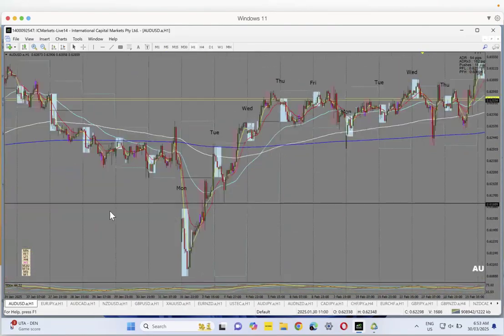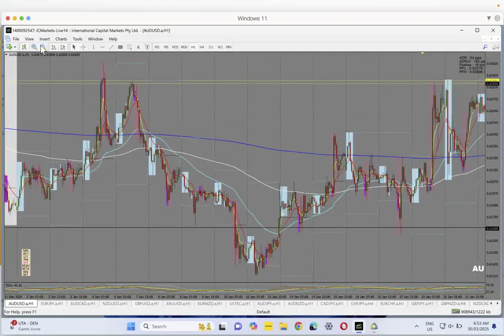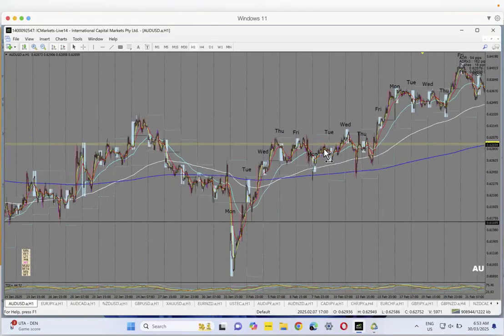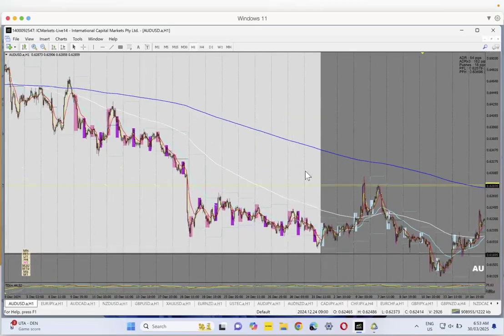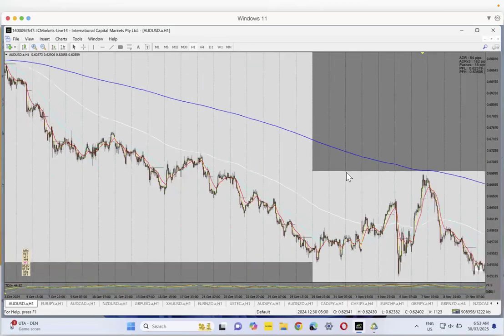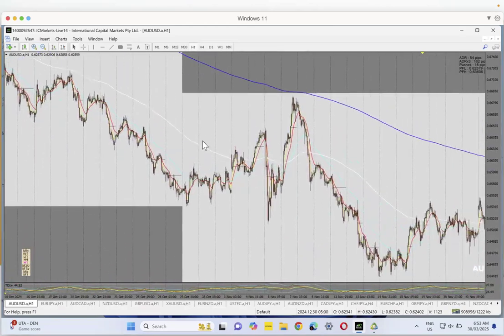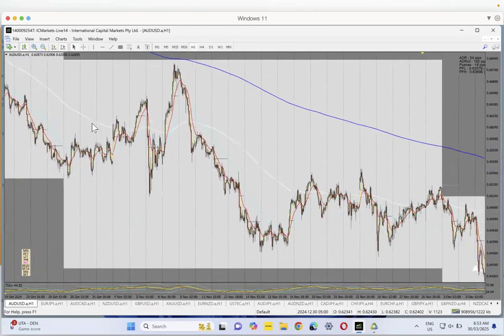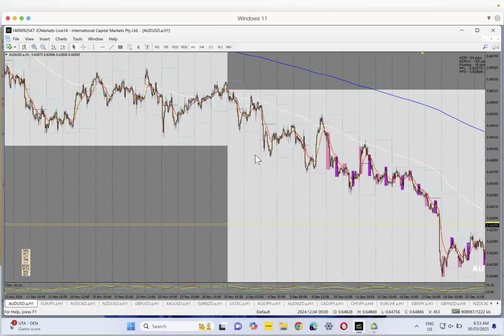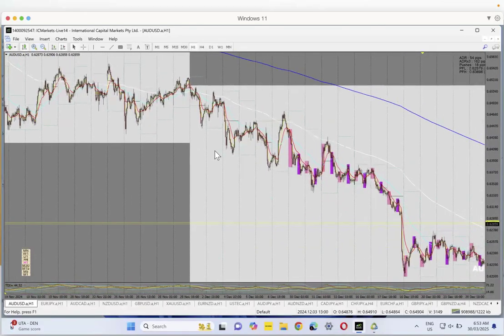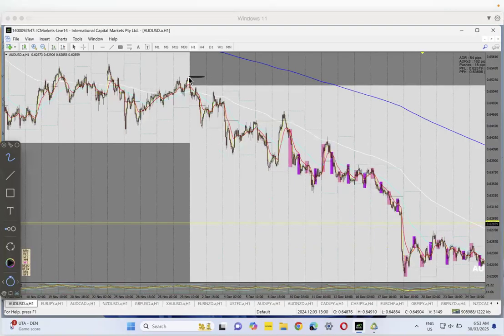All right. I go straight to H1, and then I find the highest point, which in this case, in this box, is this one, just after the end of the other box. And then I start to count my levels from there.